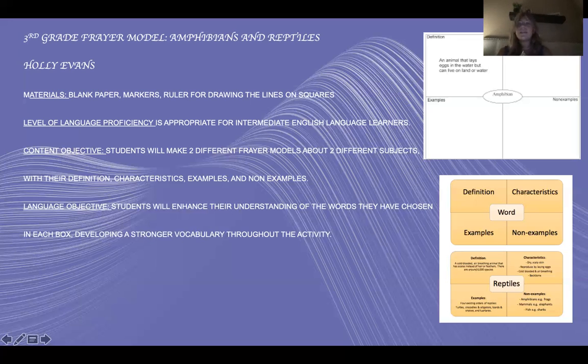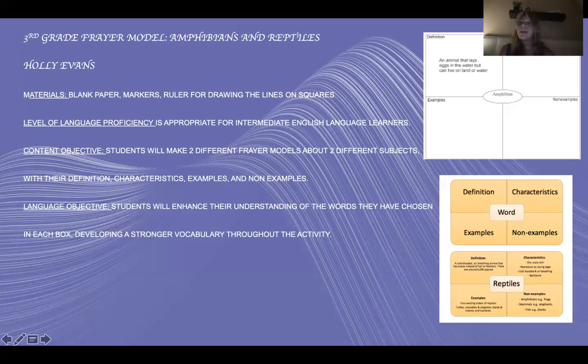And so basically, Frayer models are a great way of distinguishing different words, breaking them down in different parts to know more about the term. And it's just a great learning method for a lot of different things. Honestly, y'all will learn so much with these Frayer models. It's so helpful.